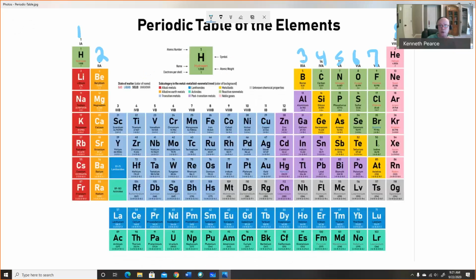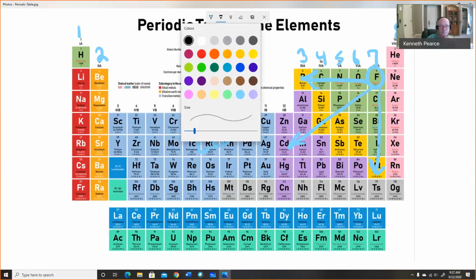And the way the electronegativity goes is the closer you are to fluorine, the more electronegative you are, and the further you are away, the less electronegative. So this is less electronegative out here.